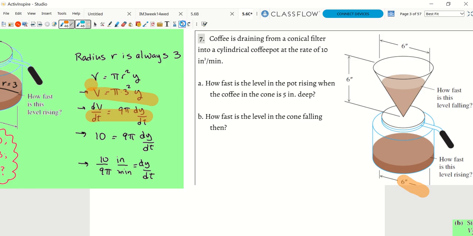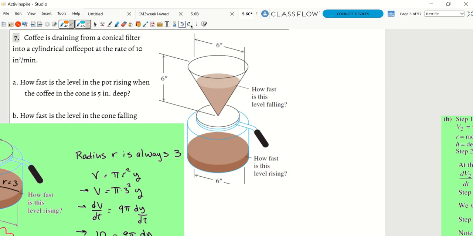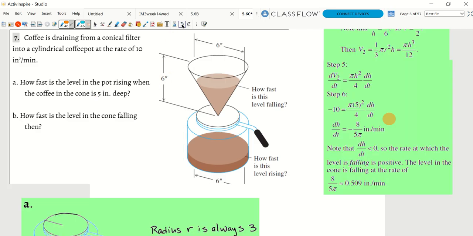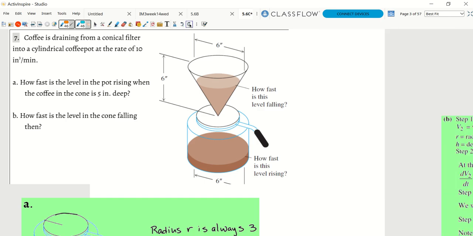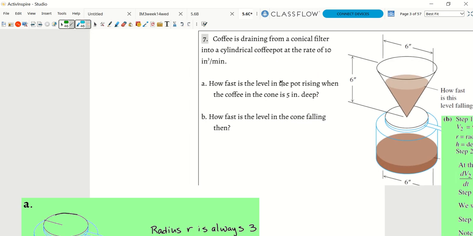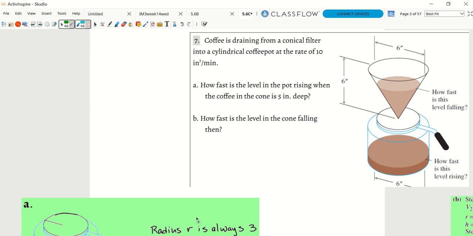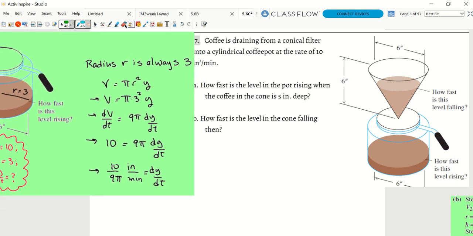And now we just plug in what we have. dV/dt is 10, so that gets plugged in, and we isolate for dy/dt, and we get 10 over 9 pi. And that's part A.